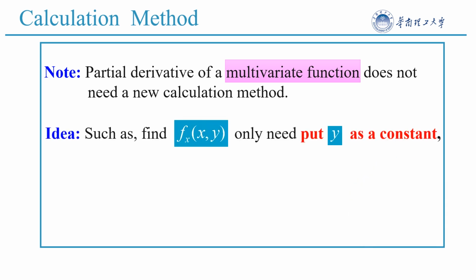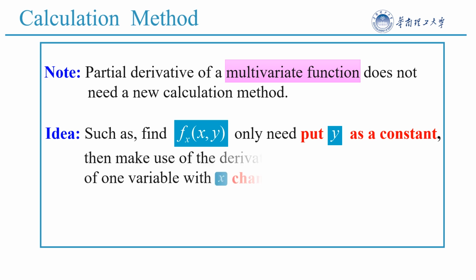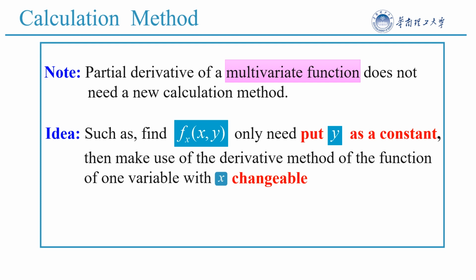For example, to find f_x(x, y), we only need to treat y as a constant, then make use of the derivative method of a function of one variable with x changeable.